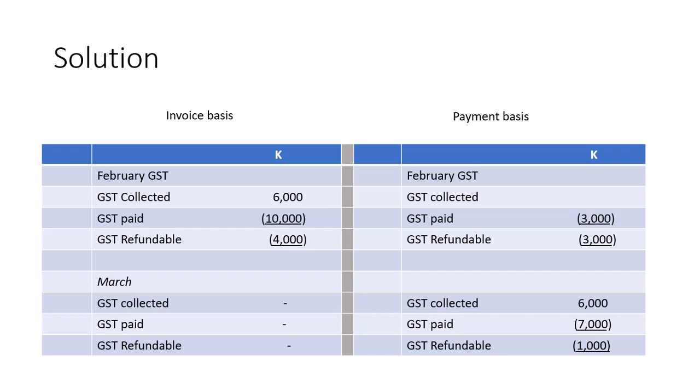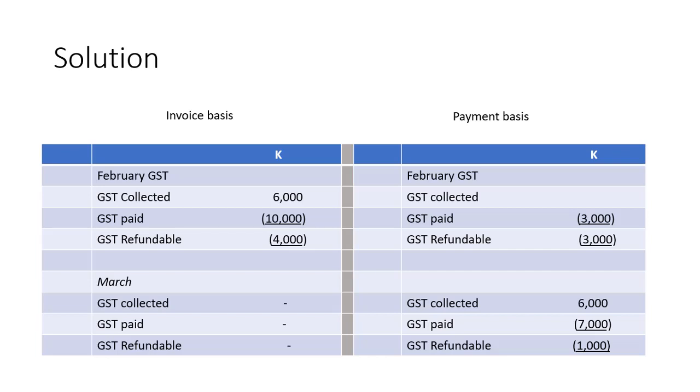Payment basis is when we receive the money from the customer. GST paid in this month is 7,000 kina, which is coming from the payment that we made to the supplier. So we get the net amount: we have GST refundable 1,000 kina.